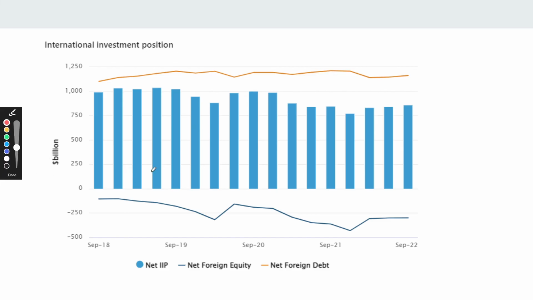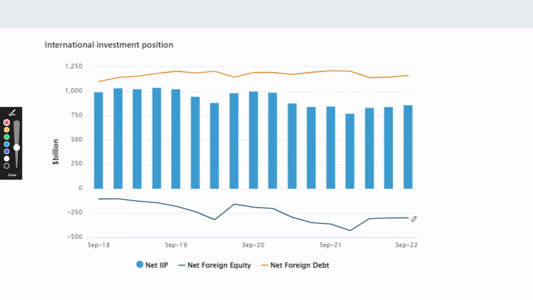So this is what it looks like if you looked at the ABS information. You can see net foreign debt is in fact a positive figure. It's above $1 trillion. And that just means that in net terms, we owe the rest of the world above $1 trillion. Our net foreign equity is a negative number.